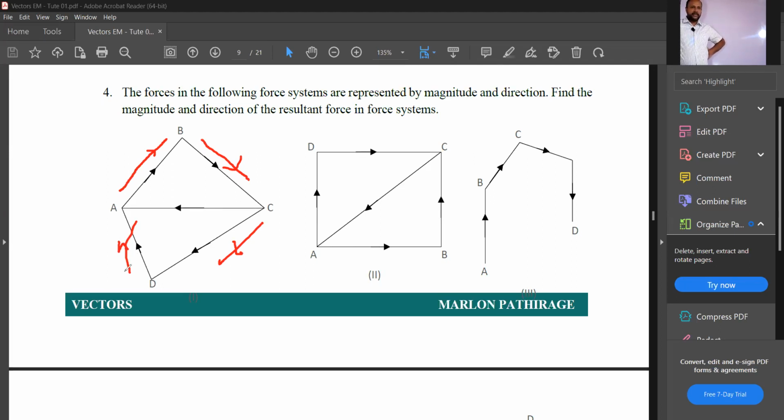ABCDA is a closed loop. You can remove all these 4 vectors, then the remaining is CA. Did you understand?